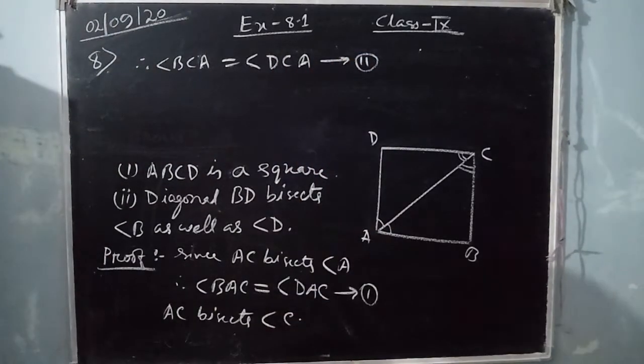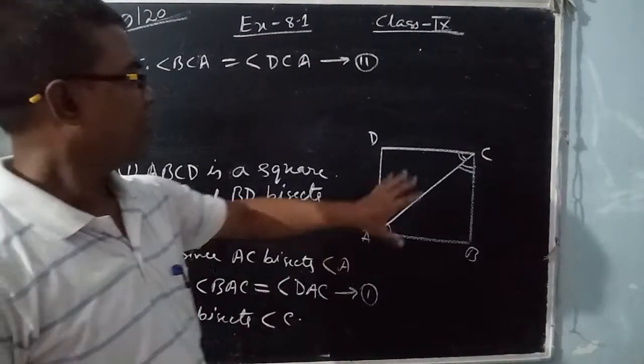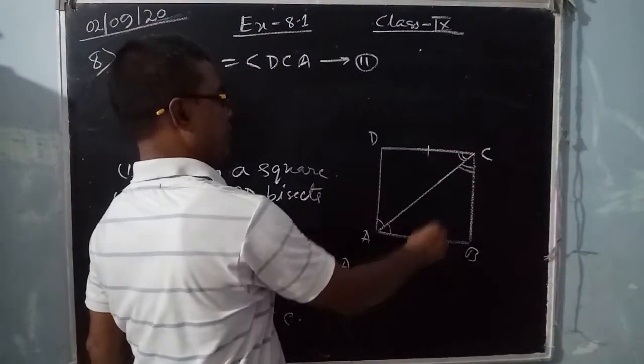Then third, this is a rectangle, so this is parallel to this.